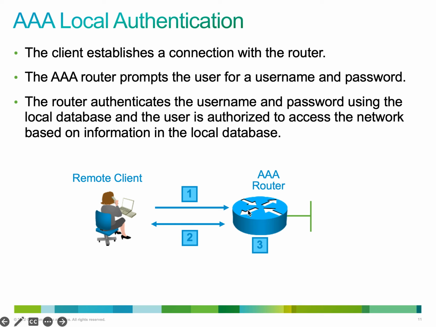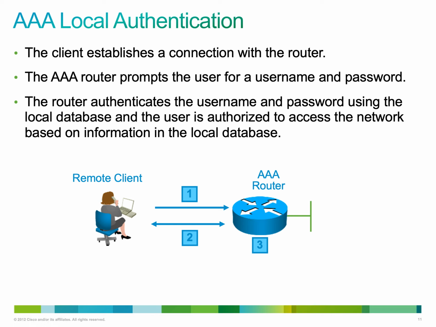The second scenario is that the AAA router prompts the user for a username and password. So after you establish a connection with the router, it will ask you for your username and password. That's step 2. You have to key in the username and password, and then the router will say whether or not you are granted access.